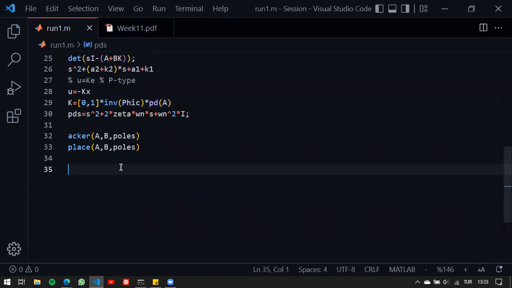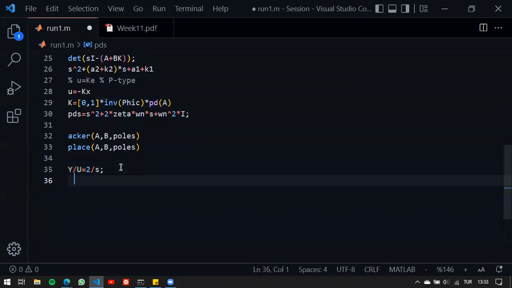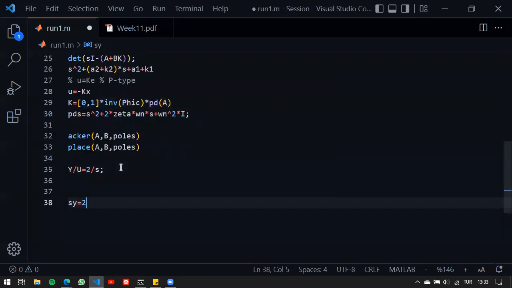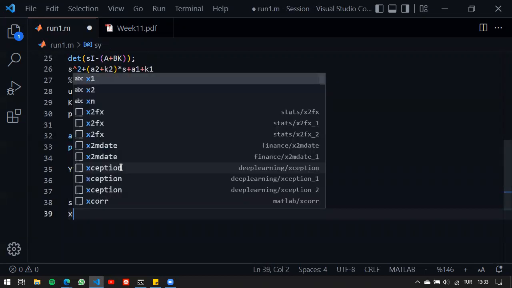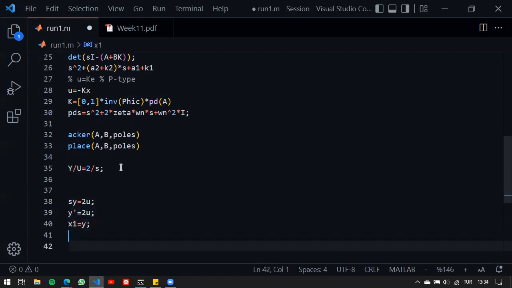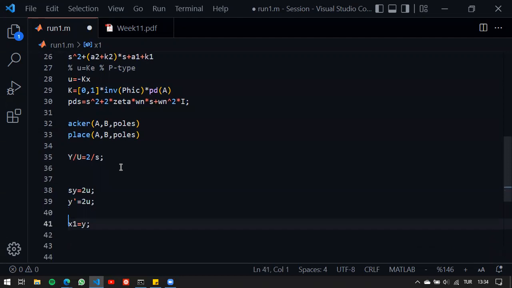If we have Y divided by U equals 2 divided by s, we can directly see that s times Y is 2U. And if Y is equal to x1, let's say x1 is equal to Y, this would give us that the Y derivative is 2U. Well, if we have such an equation, the only thing that we end up in is 2 times U.